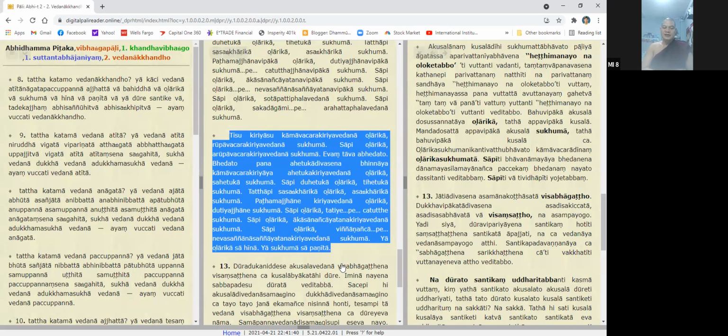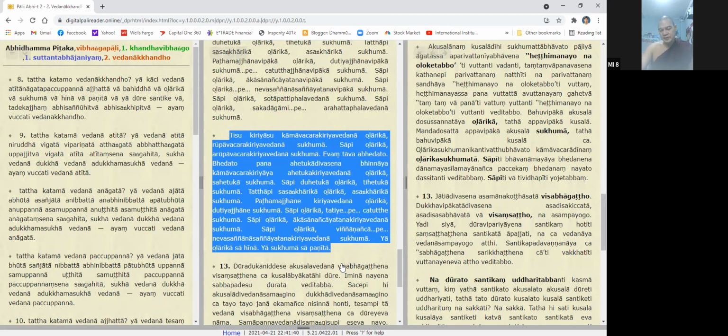Oh, this is Abhidhamma, sorry. Yes, Abhidhamma. So Ahetuka Kamajara Kriya, Ahetuka Kriya Vedana Olarika, with subdivision: Ahetuka Kamajara Kriya, Sahetuka Kamajara Kriya.